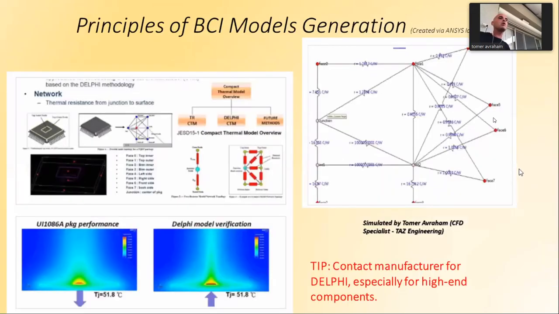You can see here one I did in IcePack. This is a detailed model. One of them is a detailed model. This is called Delphi. The Delphi models are what you should ask from the vendor. Every vendor, Stratix or Vertex or Microsoft, would have a Delphi model.